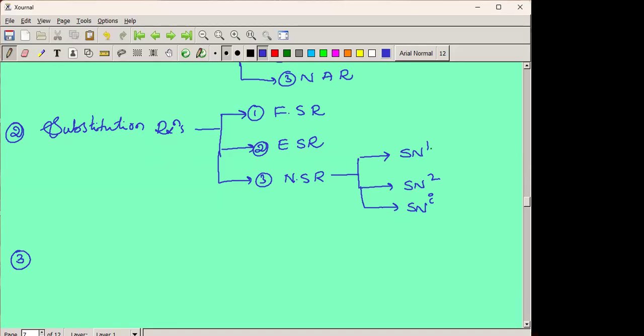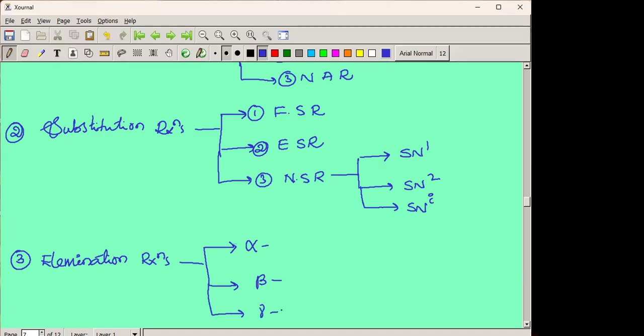Here one is bimolecular, one is unimolecular. The next one is elimination reactions. The elimination reactions are categorized into alpha elimination, beta and gamma elimination.